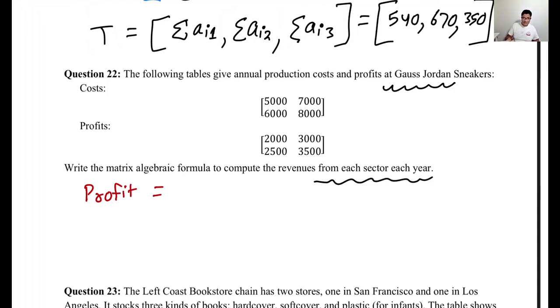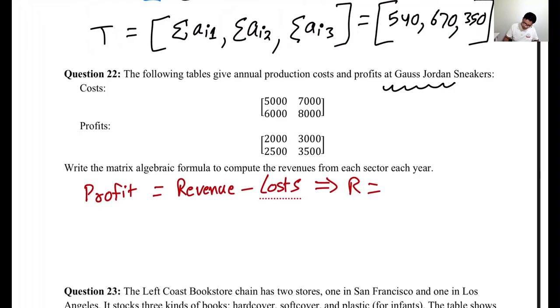The profit from a business is what? The revenue that you earn by selling minus the cost that you incurred in manufacturing and the whole operation, and selling. So profit is revenue minus cost, which means if you want to compute the revenues, revenue will be cost plus profit, right?